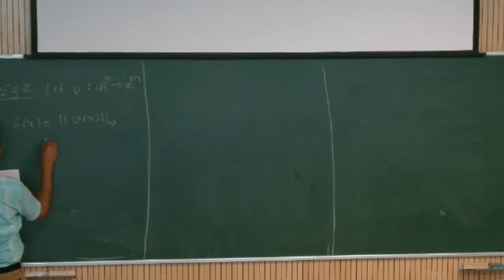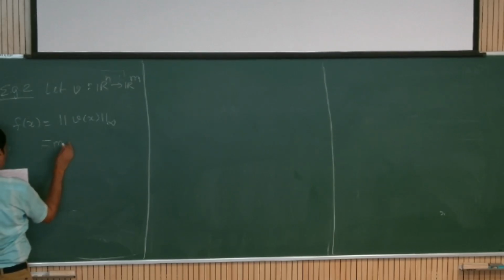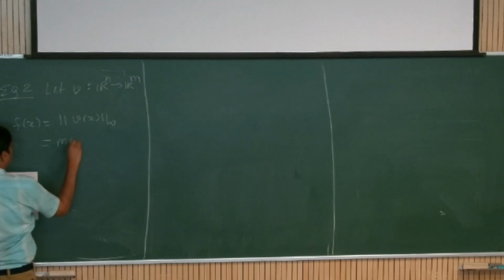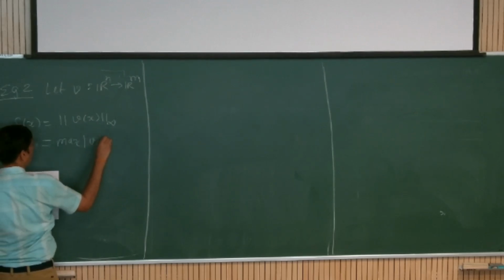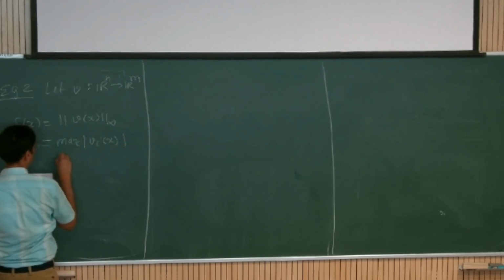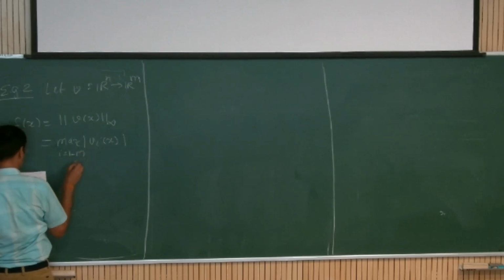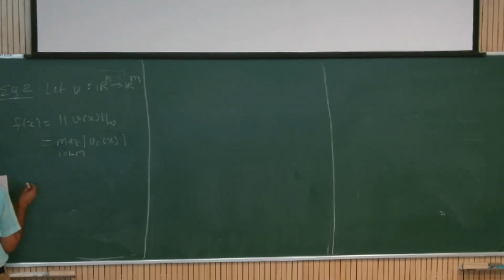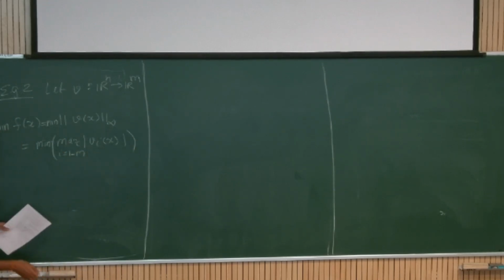I'm not writing the whole thing. Or this is max of Vi of x, i going from 1 through m. You had to minimize this. Okay, so the problem is written for you, right?